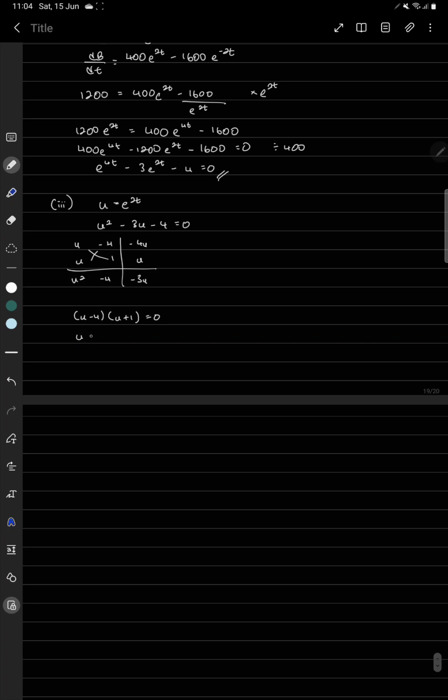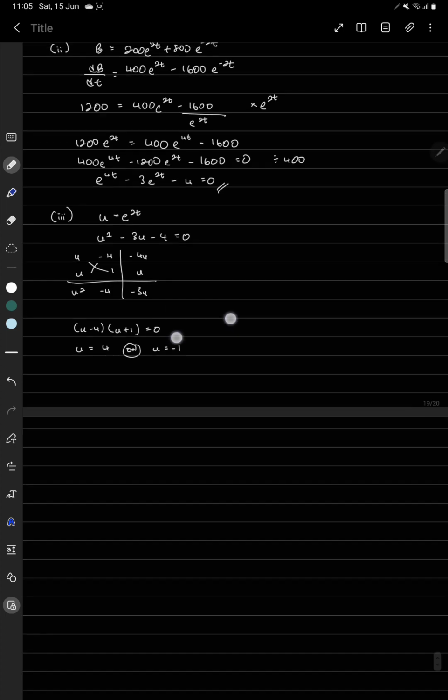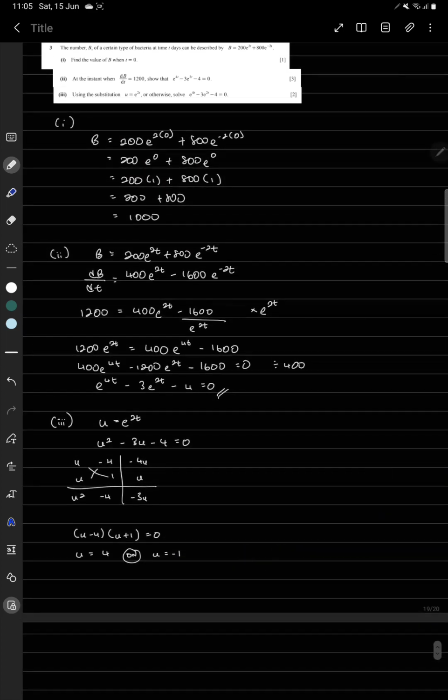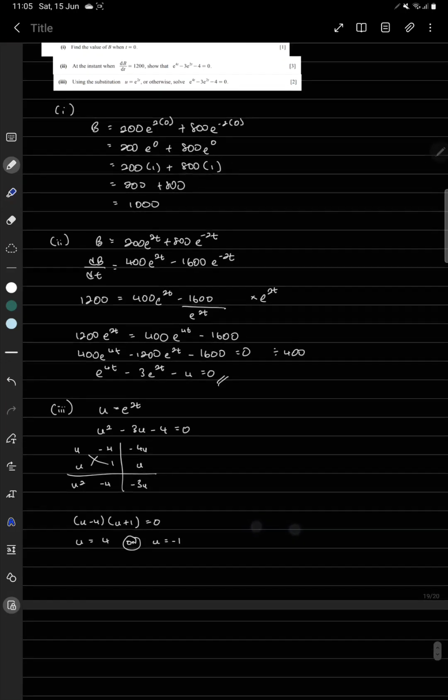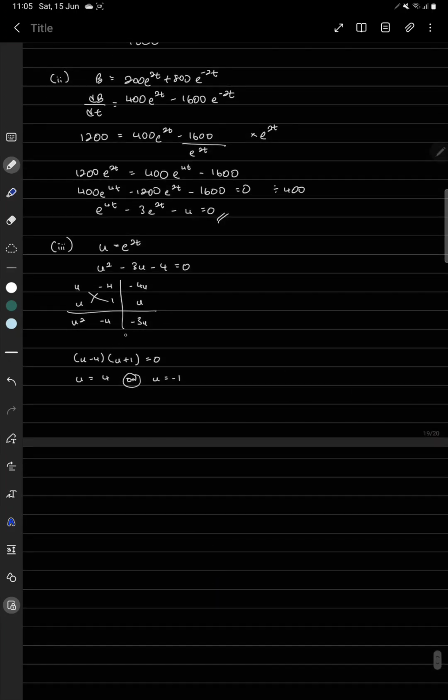Then we can finally find this as u equals 4 or u equals -1. But do remember that we are here not trying to find u, we're actually trying to find t. So we'll have to substitute back u equals e to the power of 2t into what we found here.